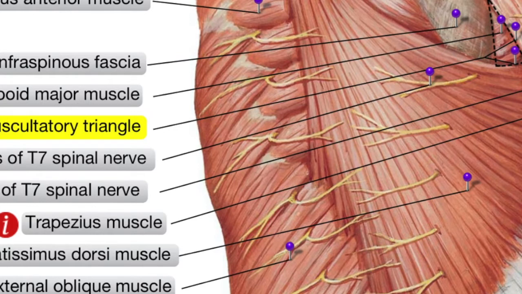Its borders are defined by your trapezius muscle, your latissimus dorsi, and your infraspinous fascia. The floor of your auscultatory triangle is your rhomboid major muscle. And beneath that is already your rib cage. And so, this relatively thinner portion of the posterior chest allows for better appreciation of lung sounds.